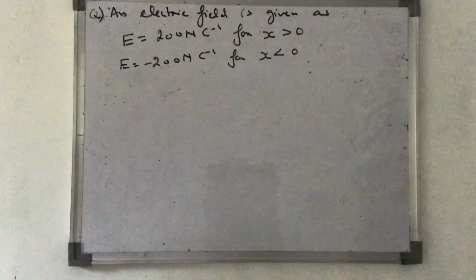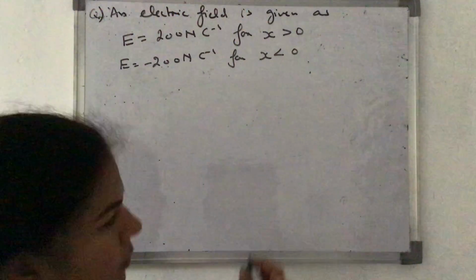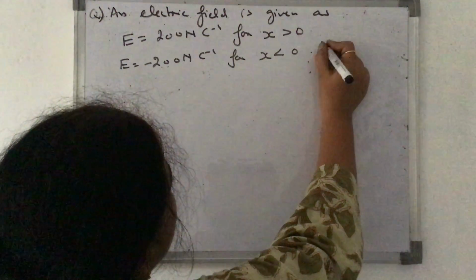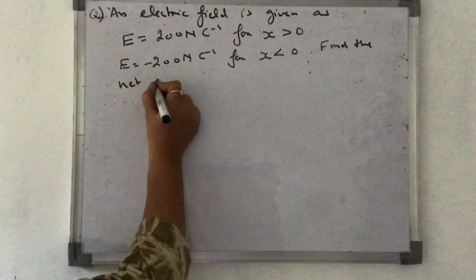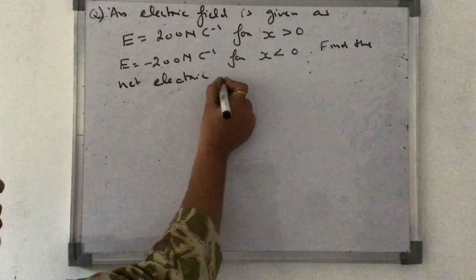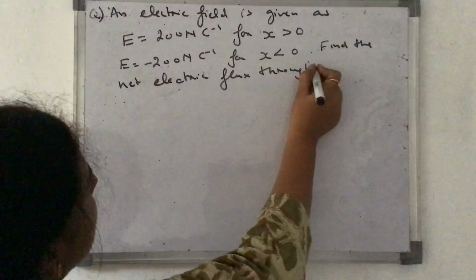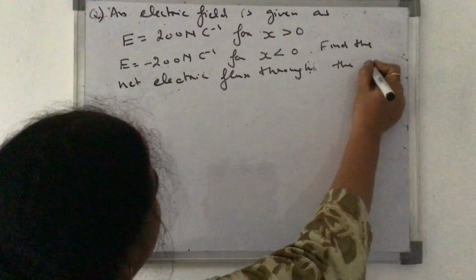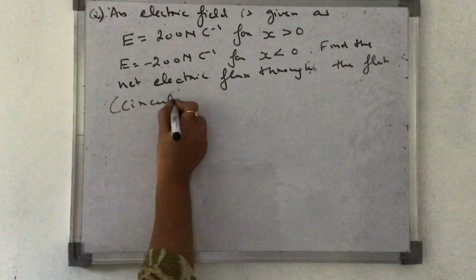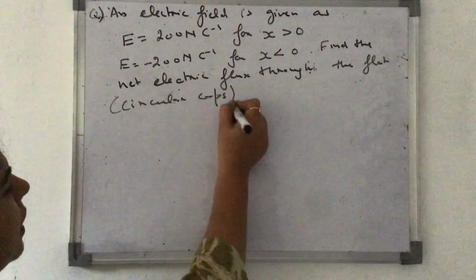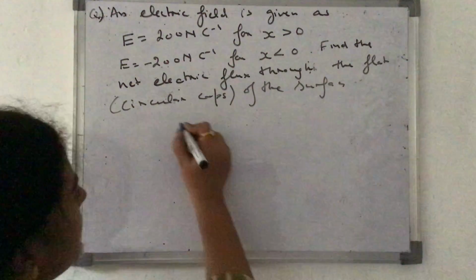Now find the net outward flux through each flat surface. Find the net electric flux through the flat, basically circular caps of the surface.